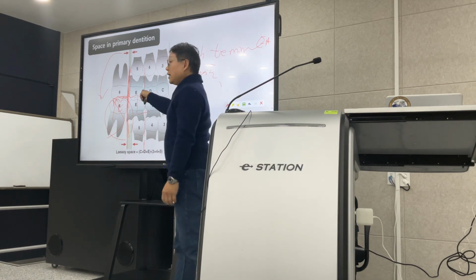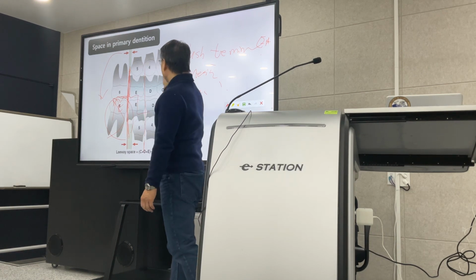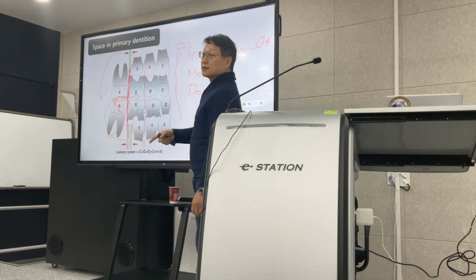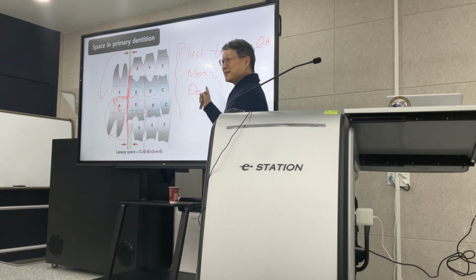But when we talk about the relationship of the primary molars, we use this kind of term. You never heard about this? Flush terminal end, mesial step, distal step. If you have to know this kind of concept, then I can explain mesial shift. Is it the first time?